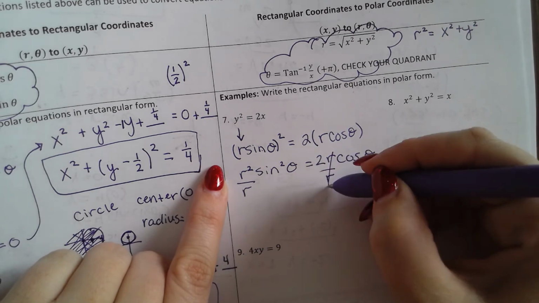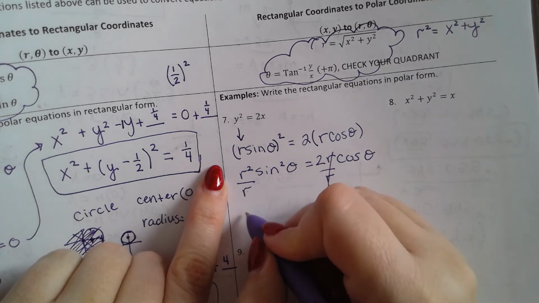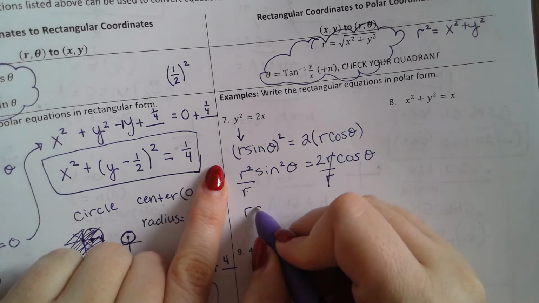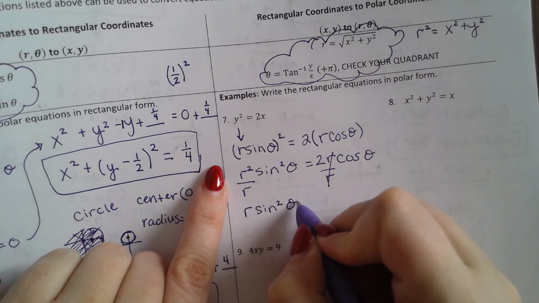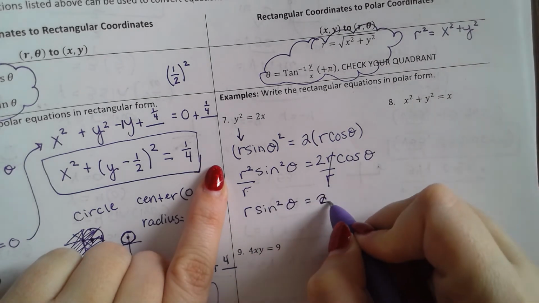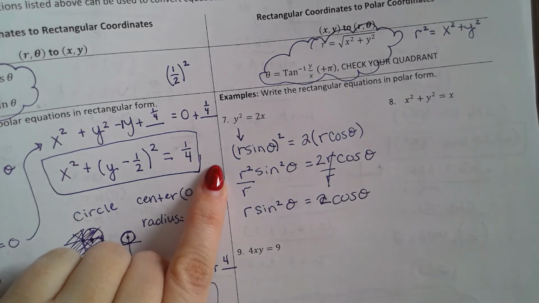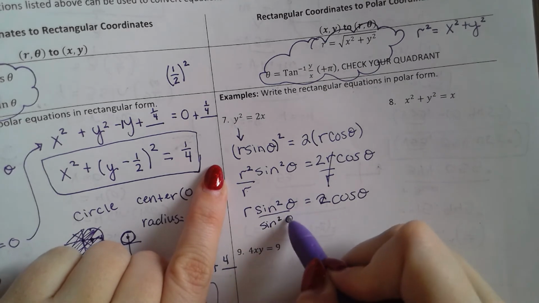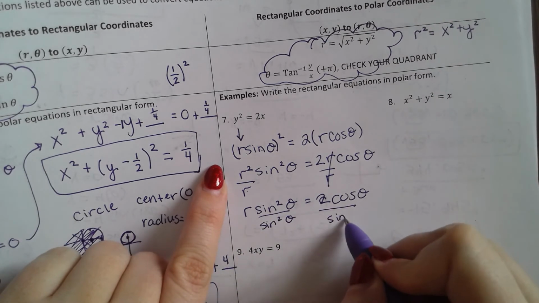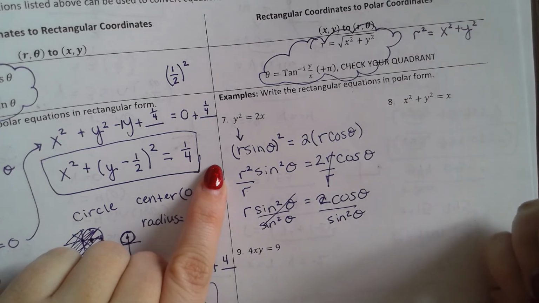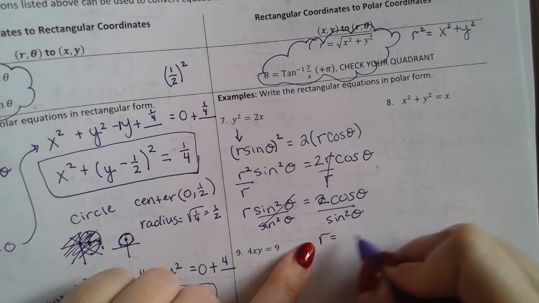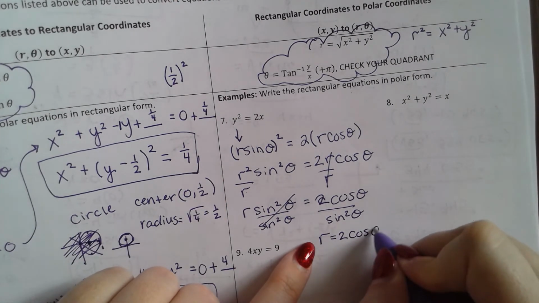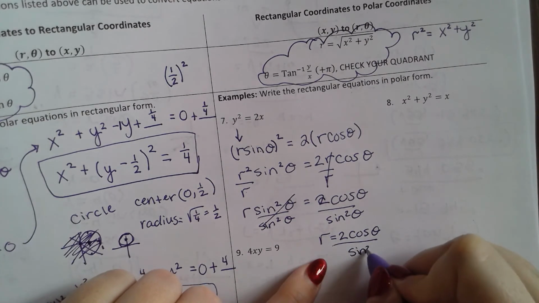So r squared divided by r is r, so we've got r sine squared equals 2 cosine theta. And then, like I said, we want r to be by itself, so now I'm going to move sine squared over to the other side. So we have r equals 2 cosine theta over sine squared theta.